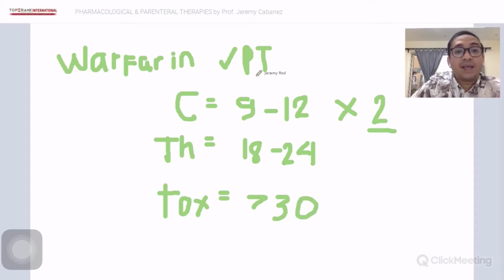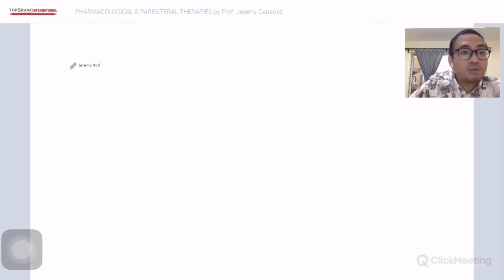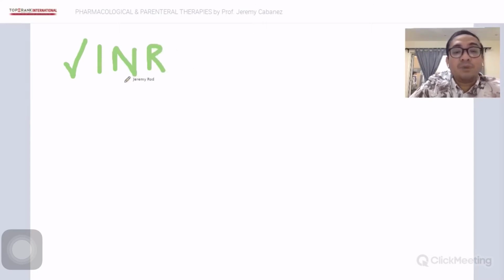Okay, now what else? Remember, PT is not your reliable coagulation study. The most reliable coagulation study for warfarin is to monitor the INR. What do you remember about INR? It's your international normalized ratio. Tell me what would be the control value without the drug.